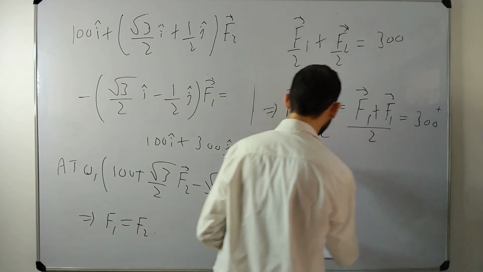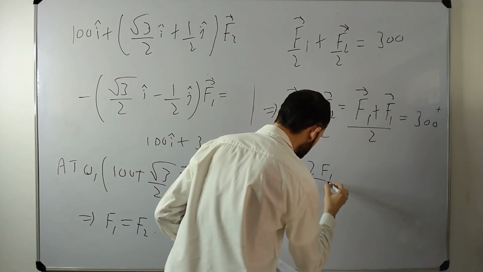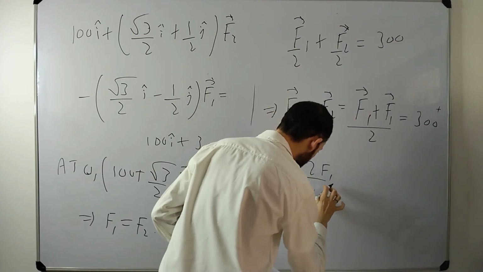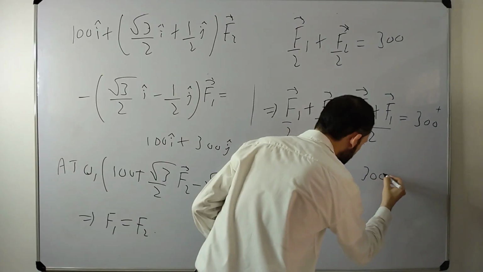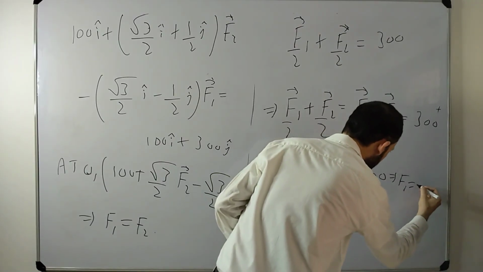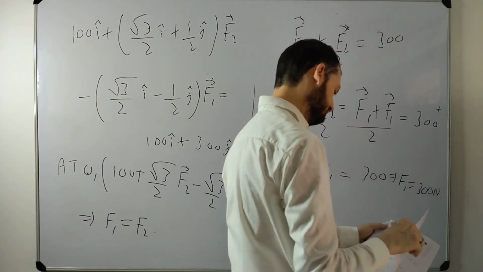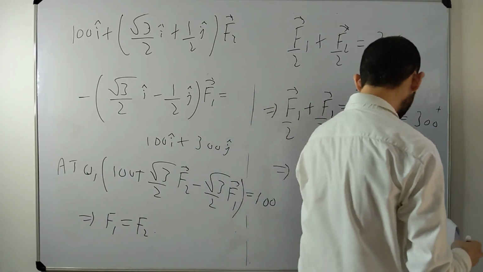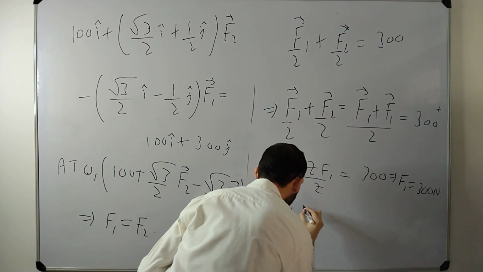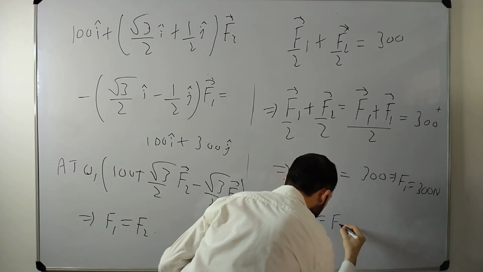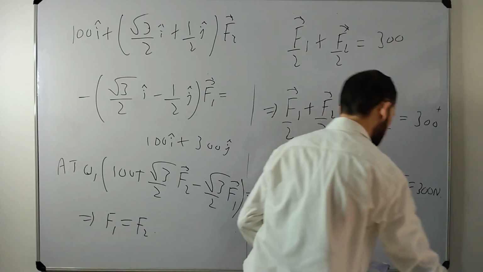Yes, sir, and this becomes 2F1 by 2 and this is 300 Newton. So F1 is equal to 300 Newton. The next part, simply writing F1, F2 is equal to 300 Newton. They are equal, na students? Yes.